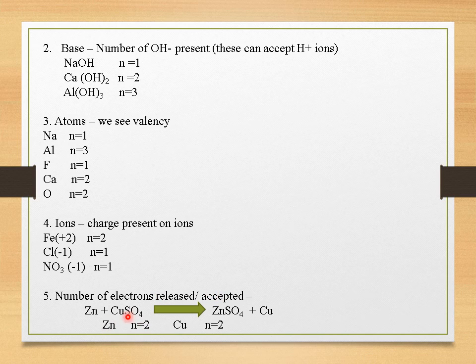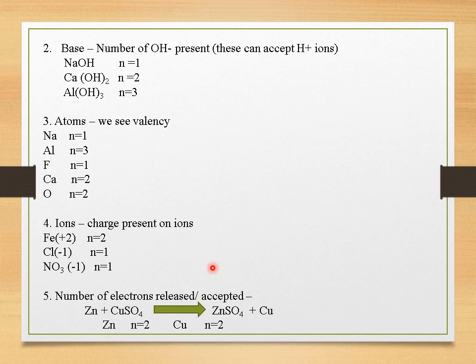Similarly, for copper, here it is plus 2 oxidation state and here it becomes 0. That means copper has undergone reduction. Reduction means acceptance of electrons. The copper has undergone reduction from plus 2 oxidation state to 0 oxidation state. It has accepted electrons. And how many electrons has it accepted?